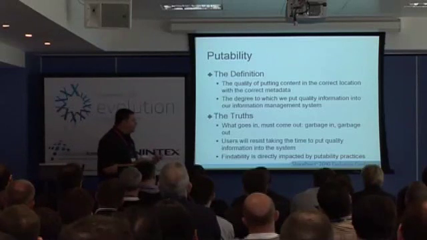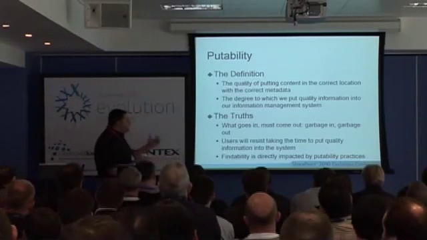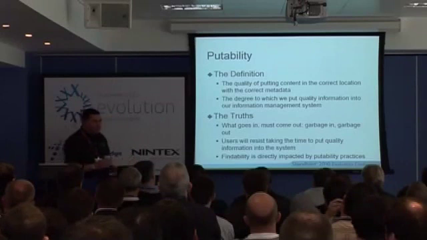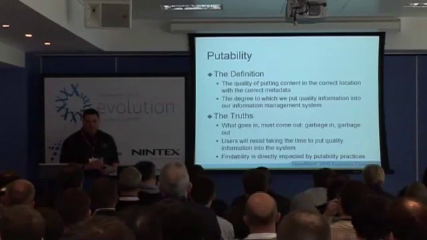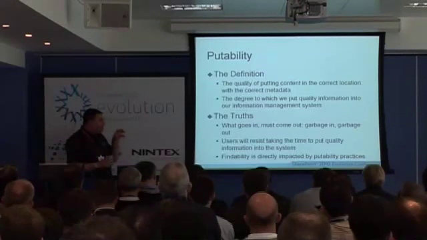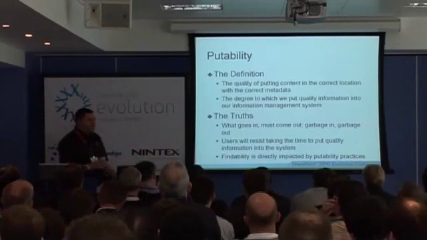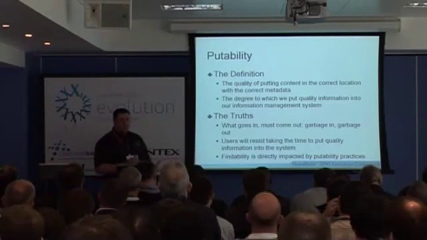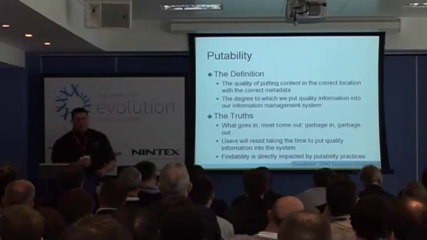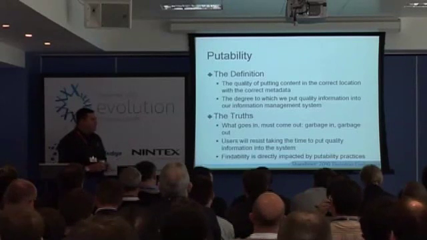The truth around puttability is the saying: what goes in is what comes out. If you put garbage into the system, you're going to get garbage out of the system. If you put inaccurate, inconsistent metadata against your documents within SharePoint, it makes those documents very, very difficult to find.